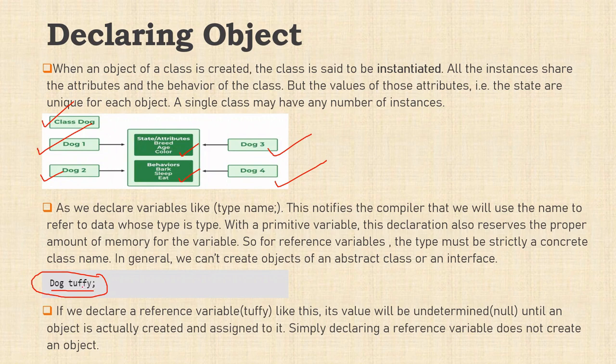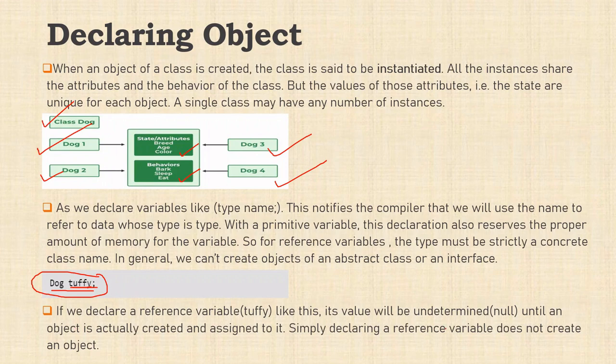Before creating that object, you are declaring a variable of that class. Dog is a class here, so we are creating one variable of it. We're trying to create an instance. So Dog toffee, here toffee will be null. What do we have to do next?